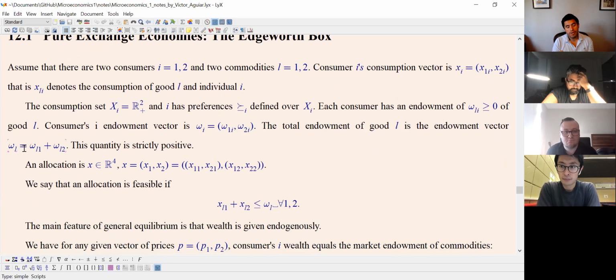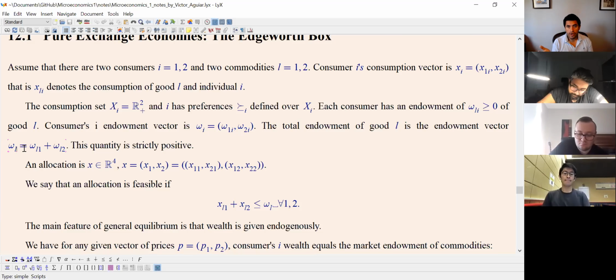So now this is the summation of omega l1 plus omega l2. So for good one, you fix the good, and you add up the total quantity in the economy. So in this laboratory where I brought these two students, how many total apples and oranges are there? 10 of each, 10 apples, 10 oranges, okay? So this is omega l, is 10, okay?